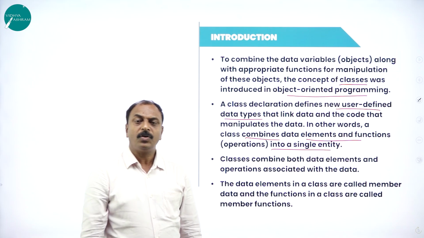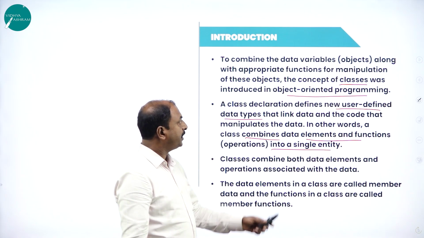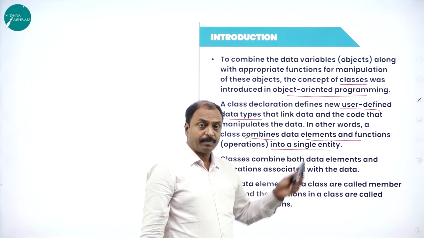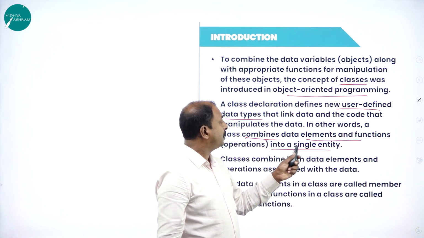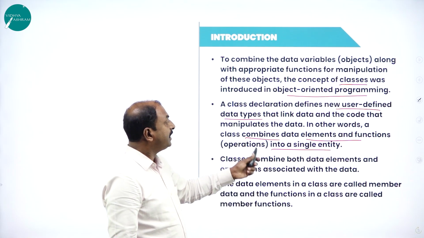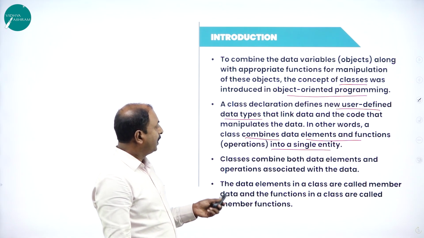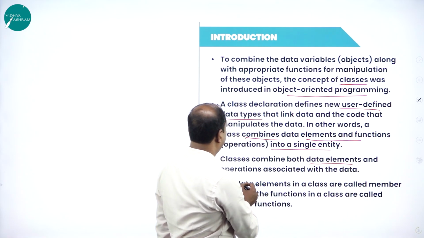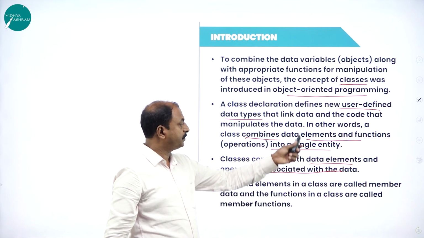Inside a class, we can find data members, or data, and the member functions, which operate on that data, combined into a single unit called a class. So this is the definition of a class. Classes combine both the data elements and the operations associated with the data. That's what I told you just now.